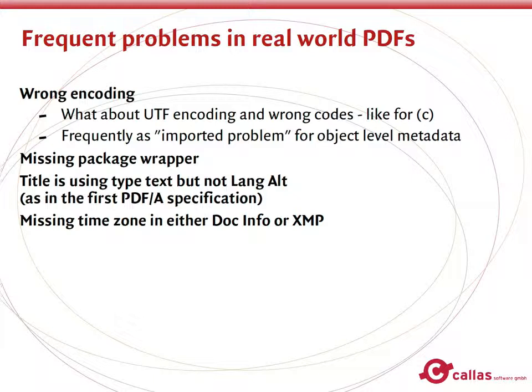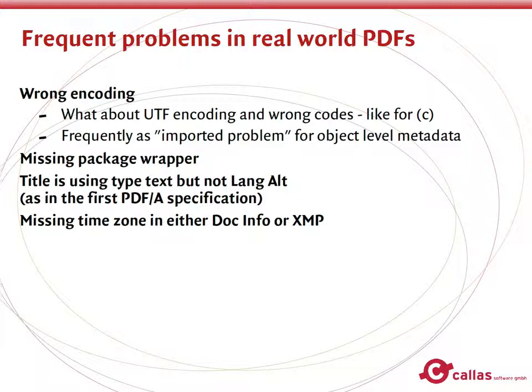Same for the missing packet wrapper, where just the first line of XMP is missing, and that is also frequent on object level. Title, not using language alternative, but just a simple string, as mentioned before in the first PDF/A specification, and also missing time zone entries in document info or XMP.